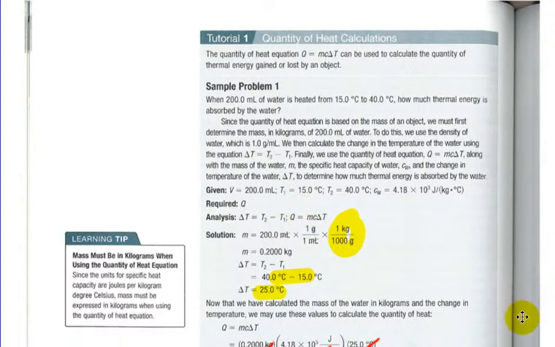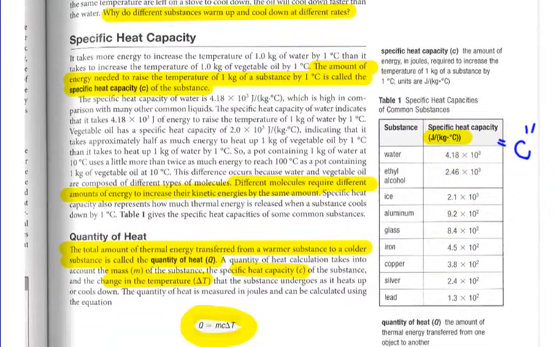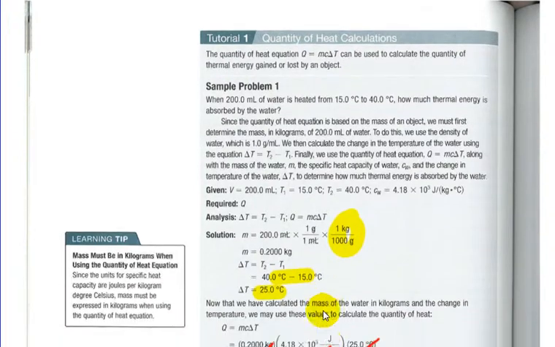But since our specific heat capacities are stated in terms of kilograms, we need to make sure our masses are in kilograms as well. A change from grams to kilograms is divided by 1,000, so 0.2000 kilograms. My initial temperature is 15, final temperature is 40, so 40 minus 15 is 25 degrees C.